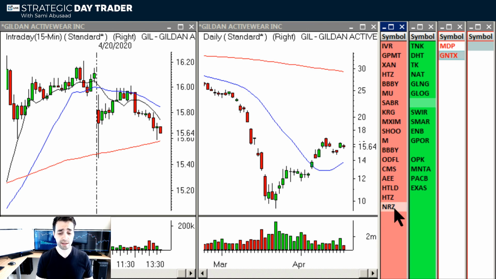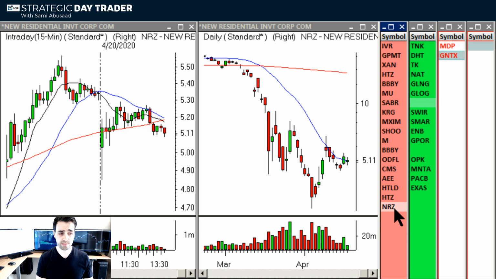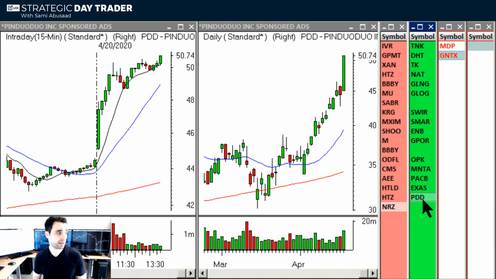Good, glad it did. Good job. Not doing anything at the moment. PDD is a breakout. Those shippers are not going to give me a way in, a secondary entry. It does not look like they're going to give us a secondary entry.